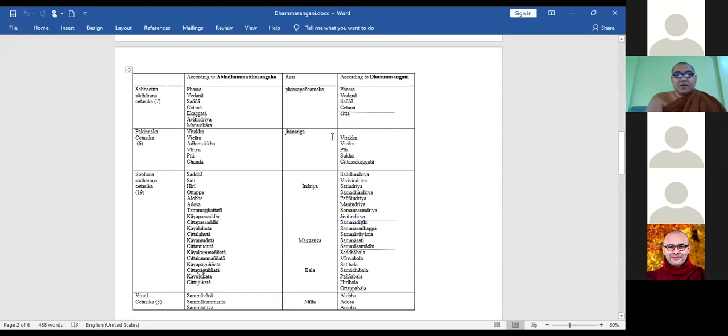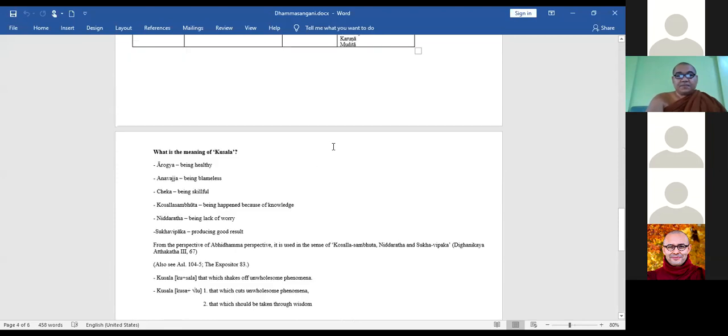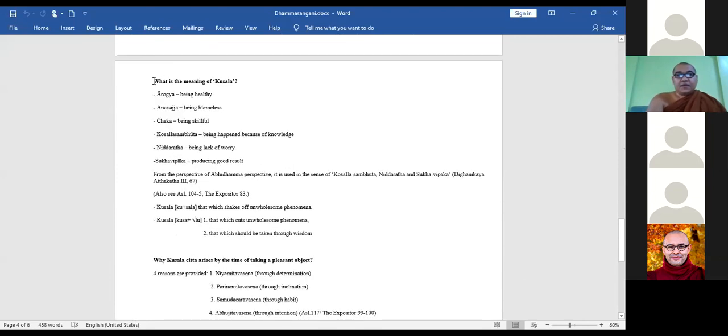There the Buddha mentioned how many, but you cannot find in that paragraph the meaning of the term kusala. If you are studying about kusala, someone may ask you, what is the meaning of kusala? But even though you look in the Dhammasaṅgaṇī, you cannot find the direct explanation of the term kusala here.